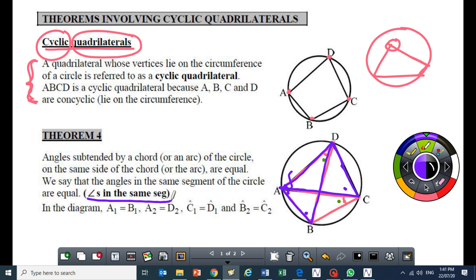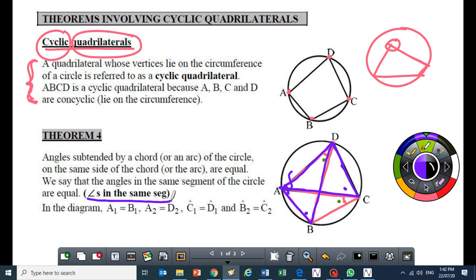We call this theorem 4 angles in the same segment. That's the shortcut based on examination guidelines. So, if angles are subtended by the same chord, on the same side of the chord, those angles will be equal. And we say they are angles in the same segment.